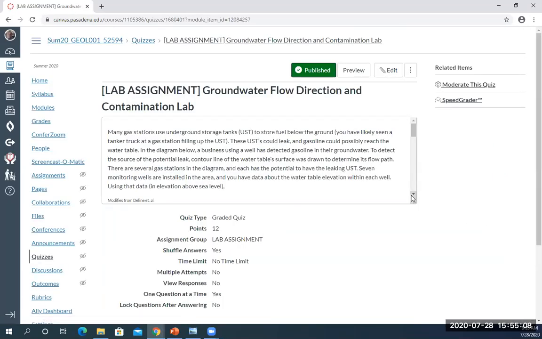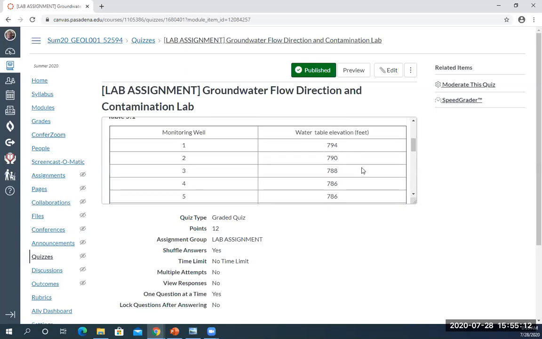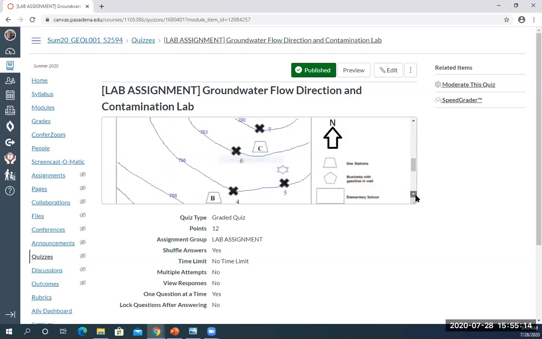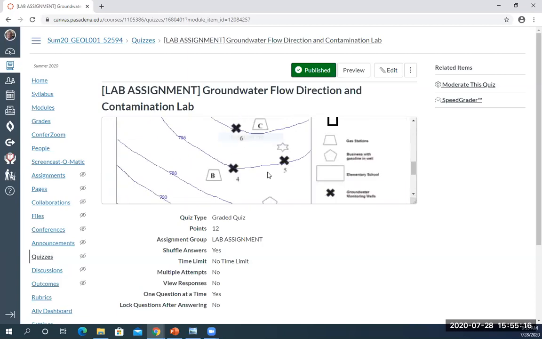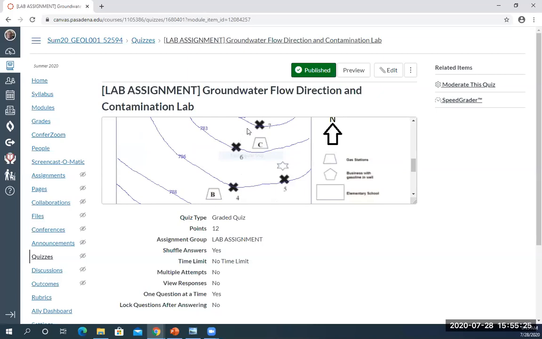I gave you a map of an area with the level of the water table in feet. There are some questions associated with that. Just know that these blue lines are the water table contour lines, and you have to understand which direction the water flows, always from the higher number to the lower number. All right, that's the rule.